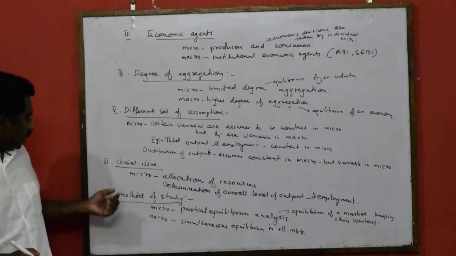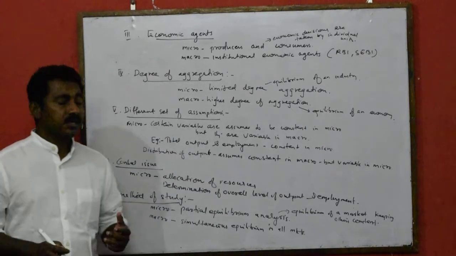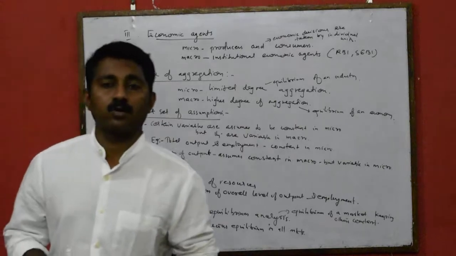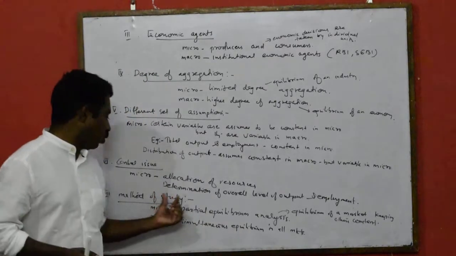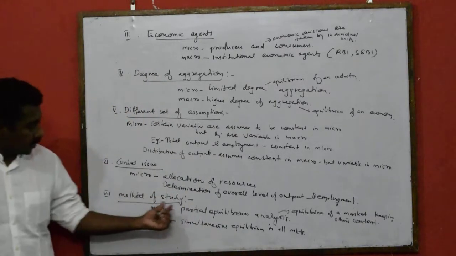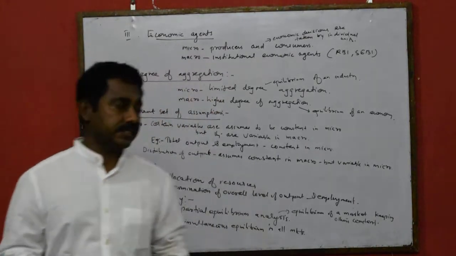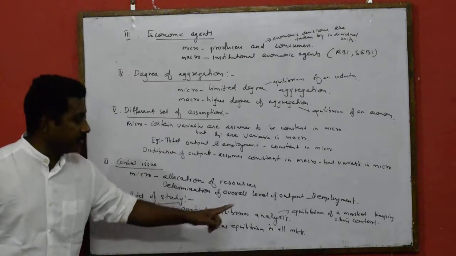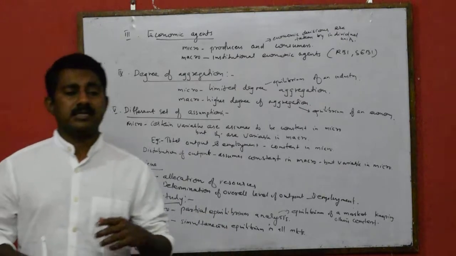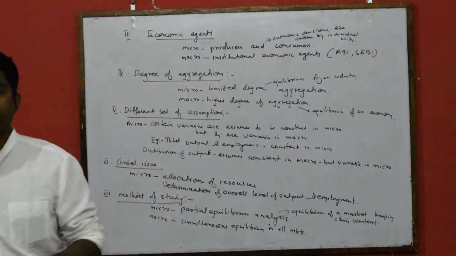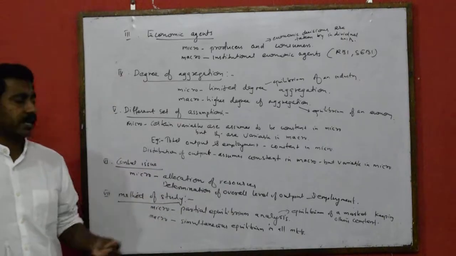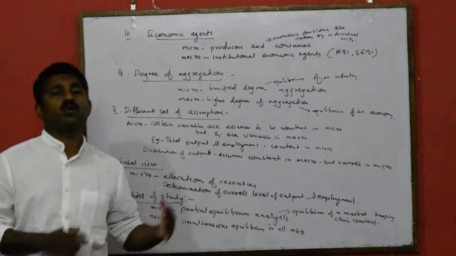And the last difference between macroeconomics and microeconomics is the method of study. In microeconomics, only partial equilibrium analysis is there. Partial equilibrium analysis means you are simply analyzing the equilibrium of an individual market, keeping all other things constant.